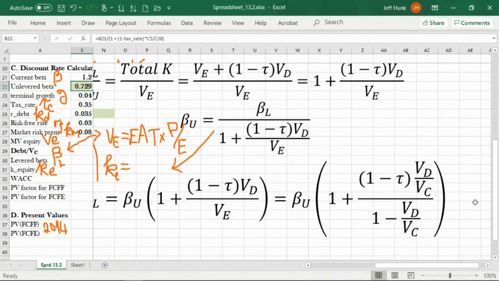And at the bottom, in the denominator, value of equity can be simply switched to 1 minus value of D over value of C, because this is a ratio, if we express everything by ratio.